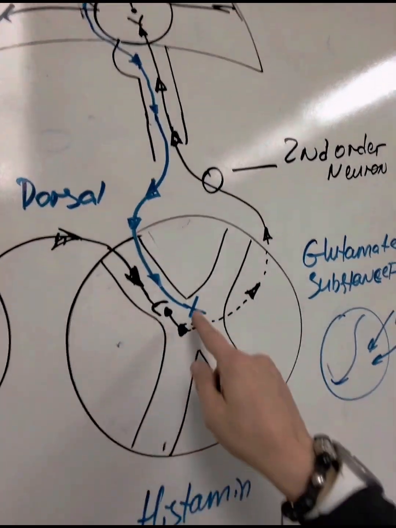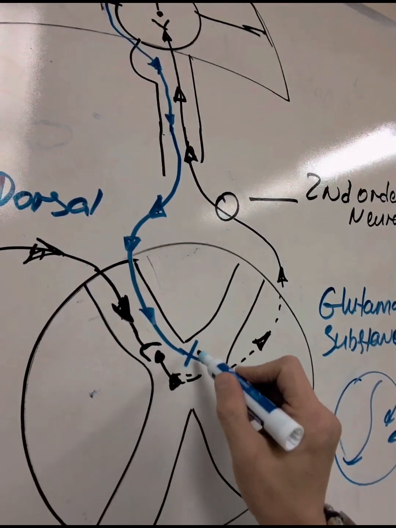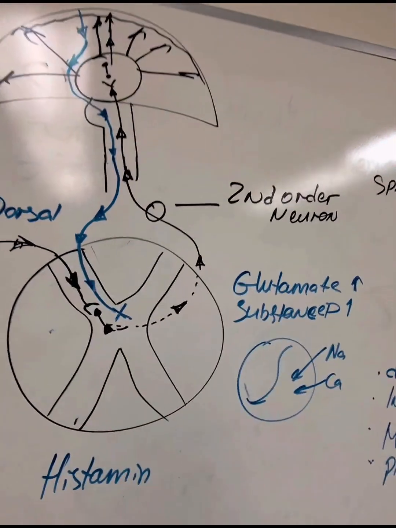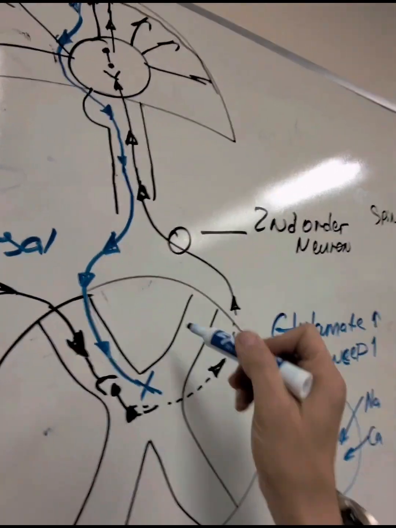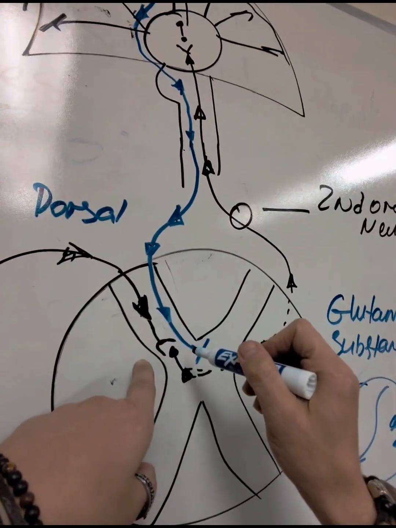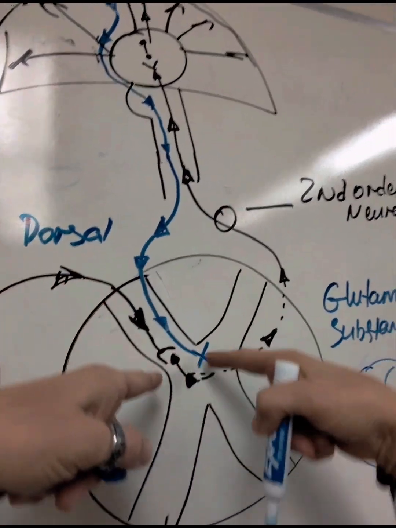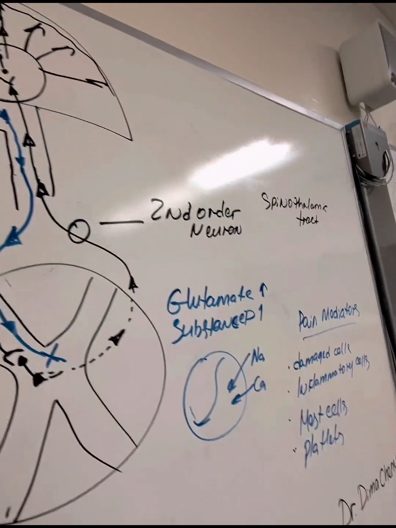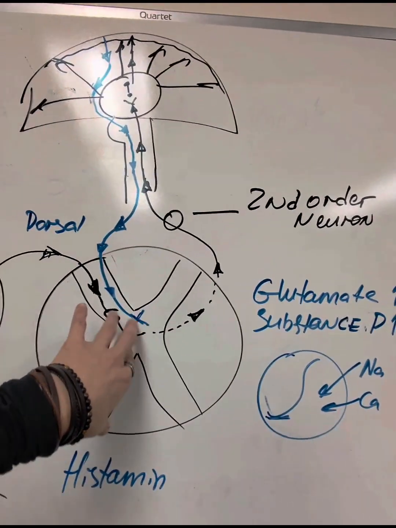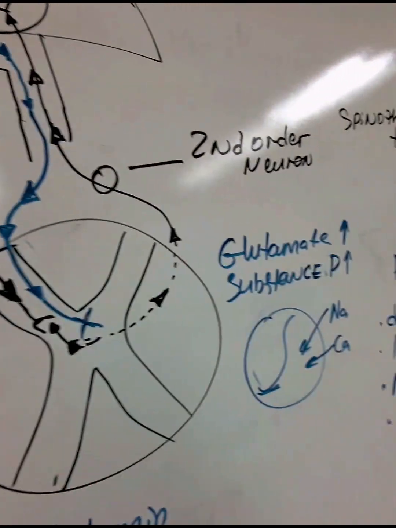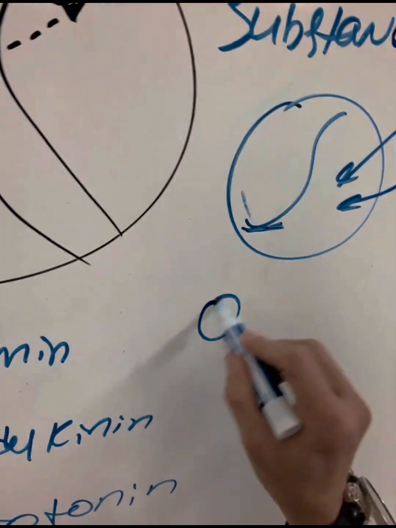Now from this interneuron we release opioid-like neurotransmitters that will block the pain. So you will block this second order neuron, or even the first order neuron, from bringing this pain information, and you will inhibit this. Not completely, but it is blocked by the inhibitory opioids.